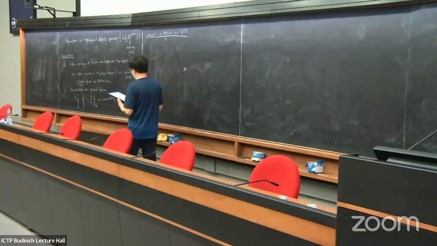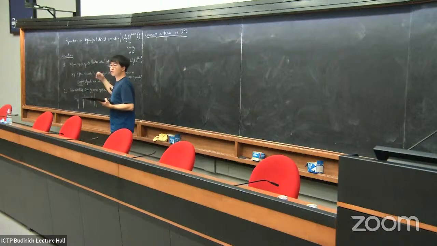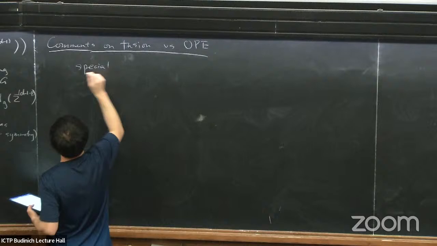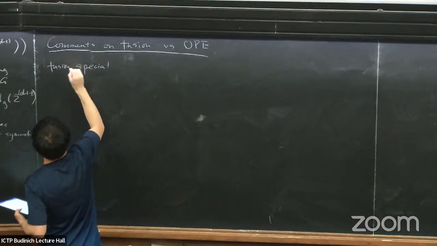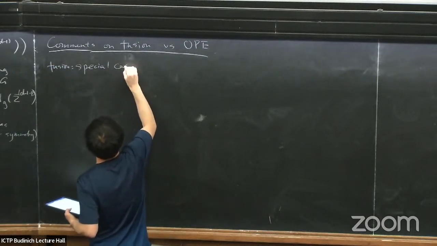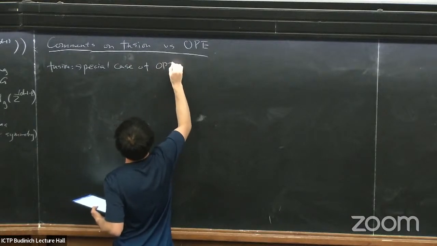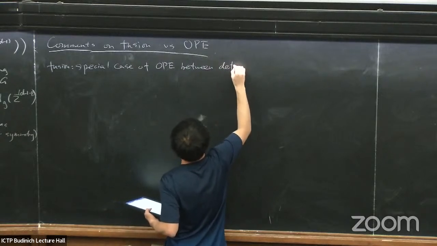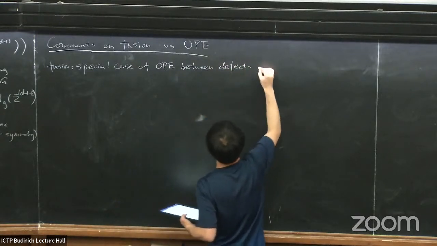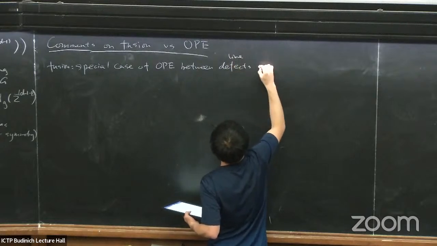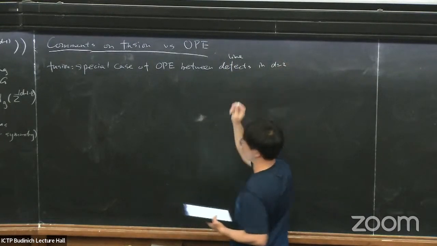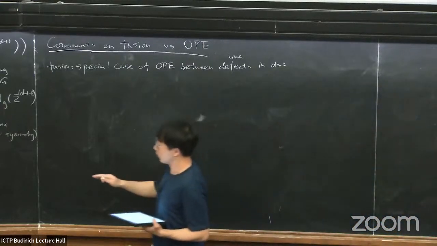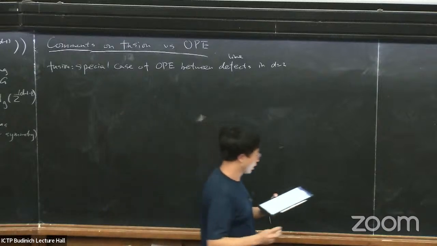So indeed, this can be thought of as a special case of OPE between defects. In this case, I'm focusing on line defects, say in d equal to 2. But this is a general notion you can consider in higher dimension. But in general, the OPE of the line defect is much more complicated.